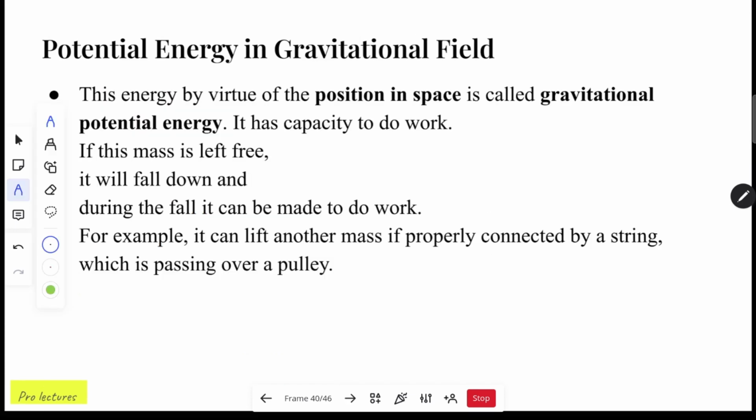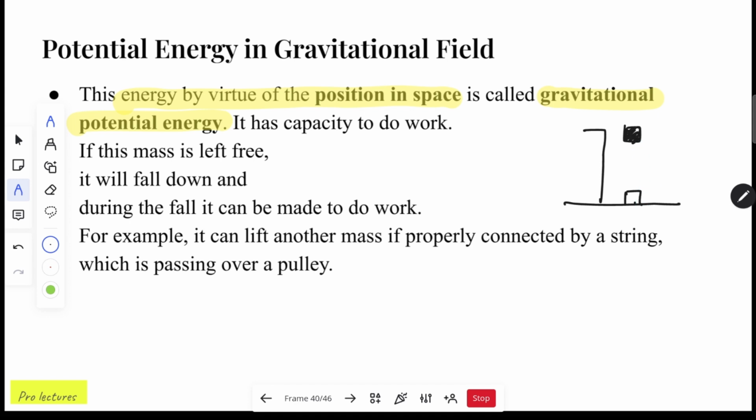Now, the energy by virtue of position in space is called gravitational potential energy. If you see here, this was the surface, and the mass m was lifted from here to here.